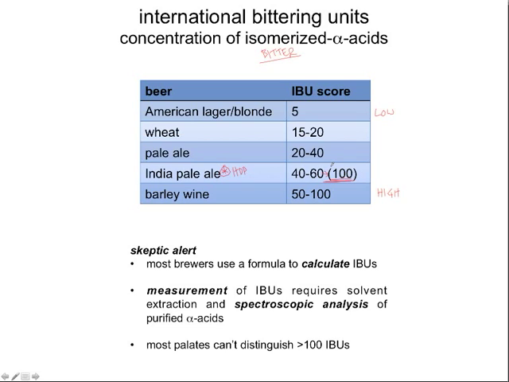Okay, now, so we can make a measurement of the bitterness using this IBU scale, but let me just insert a couple of skeptical comments here. Most brewers use a formula to calculate IBUs based on the hop recipe. How much of what kind of hop they're adding. Now, that's only useful or only meaningful if the hops that we're using are very reproducible.